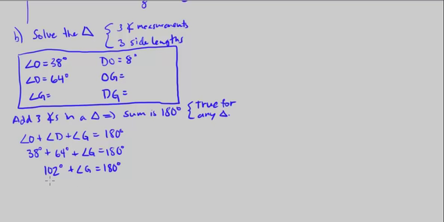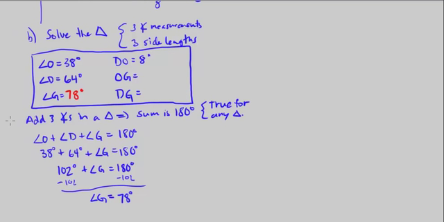Okay, subtract 102 from both sides. We are left with angle G is equal to 78 degrees. Okay? So I could go over here and plug in angle G is equal to 78 degrees. Alright, so let me just label this a little bit. This was solving for angle G.